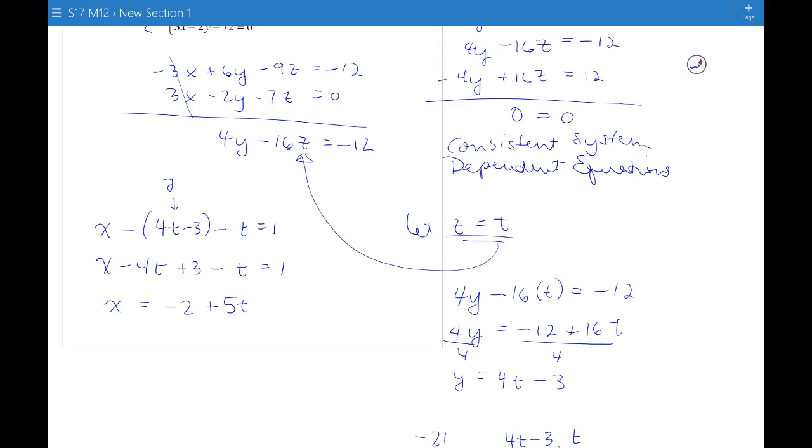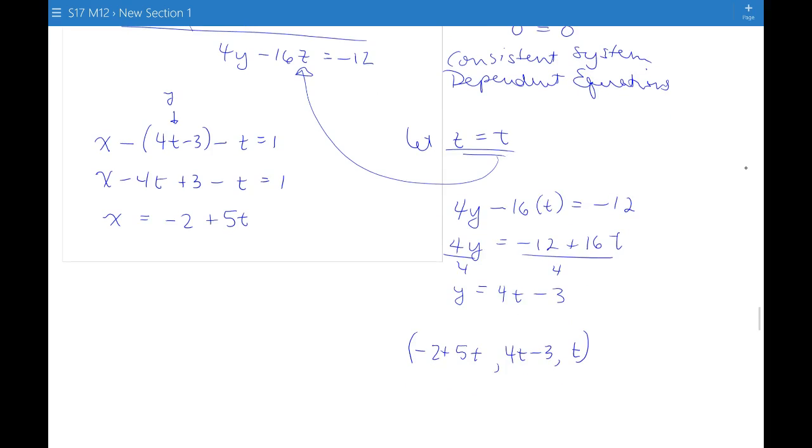So negative 2 plus 5t, that's going to be the x coordinate. So your solution set is going to be the set of all x, y, and z such that they look like this for all t a real number.